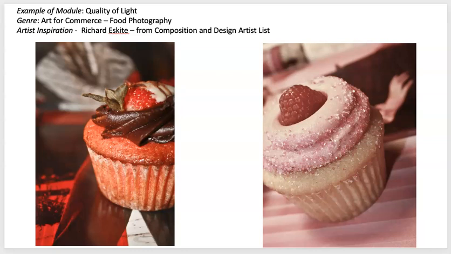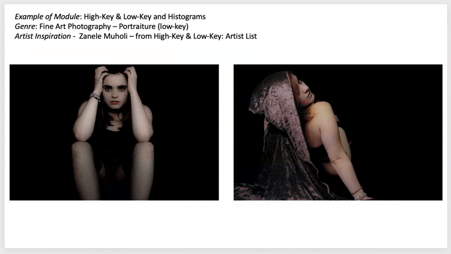Here we have quality of light, art for commerce, and then the subcategory is food photography, inspired by Richie Etzkite. High key, low key, these images were inspired from that module. And the student put them into the genre of fine art photography and the subcategory of portraiture, and then took it a step further and noted that these were examples of low key.